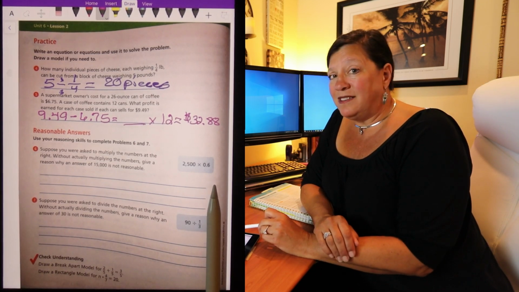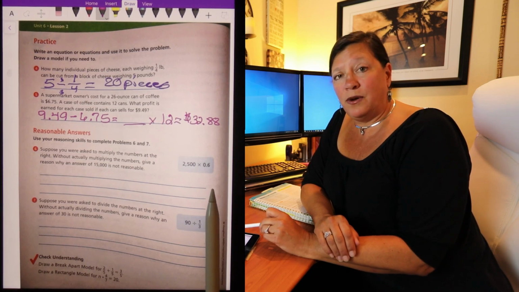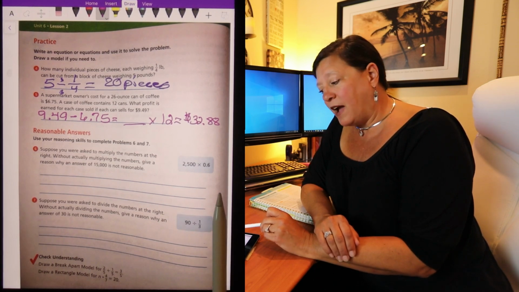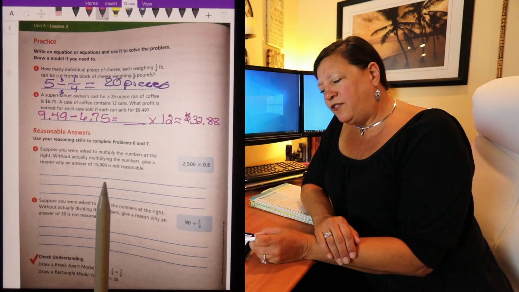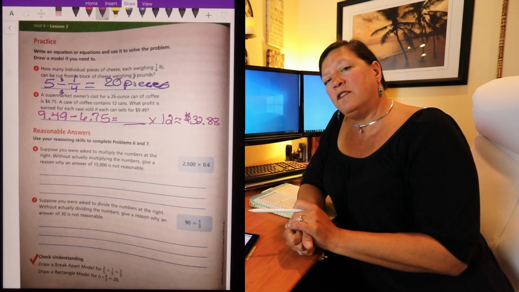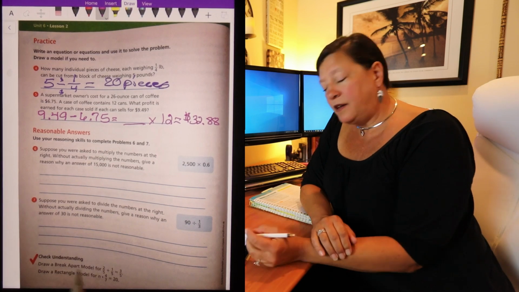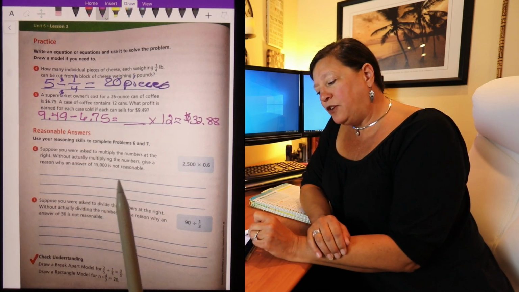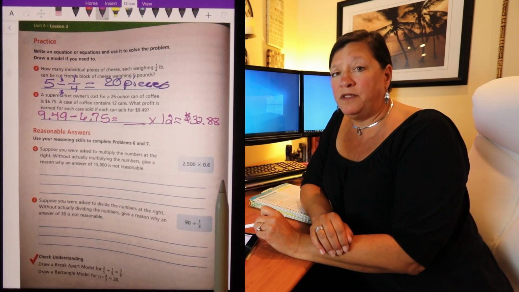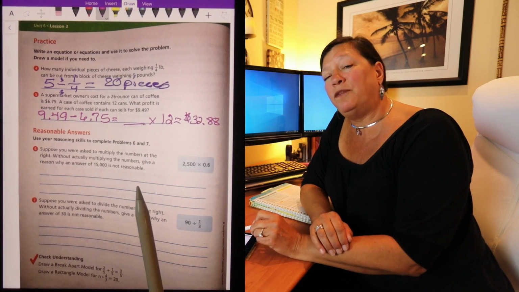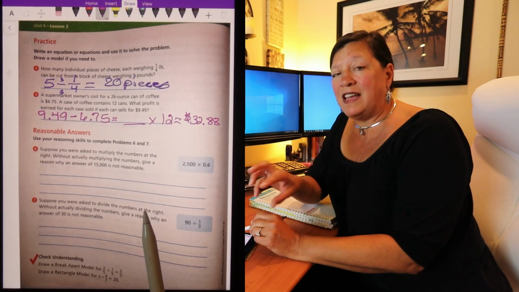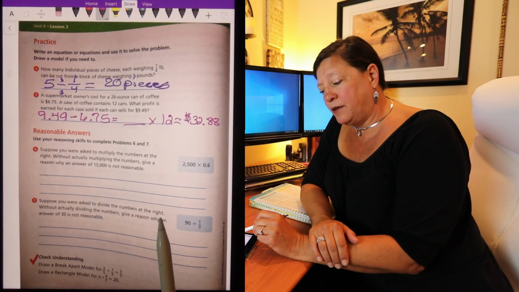Now remember, that's a decimal, same thing as if we were multiplying a whole number times a fraction. So would 15,000 be reasonable? And why not? Hopefully, it came to your mind that when we take a whole number times a decimal, you're going to end up with a smaller number. You're actually taking away from that whole number.